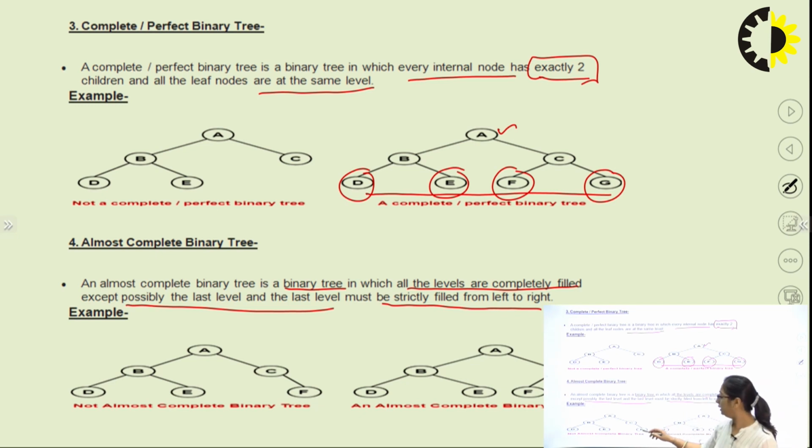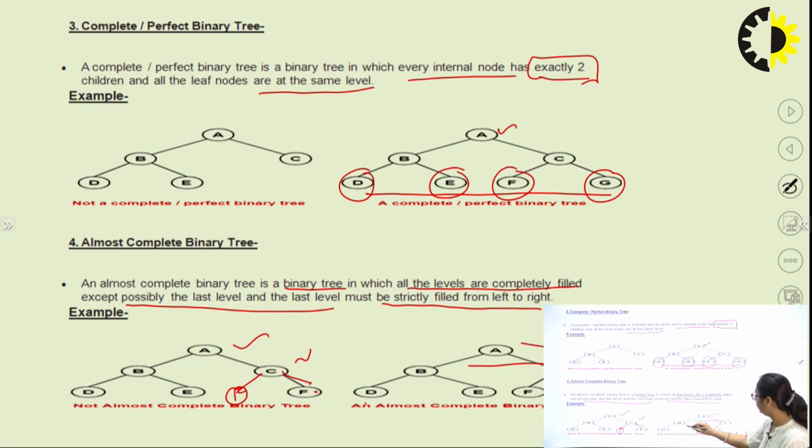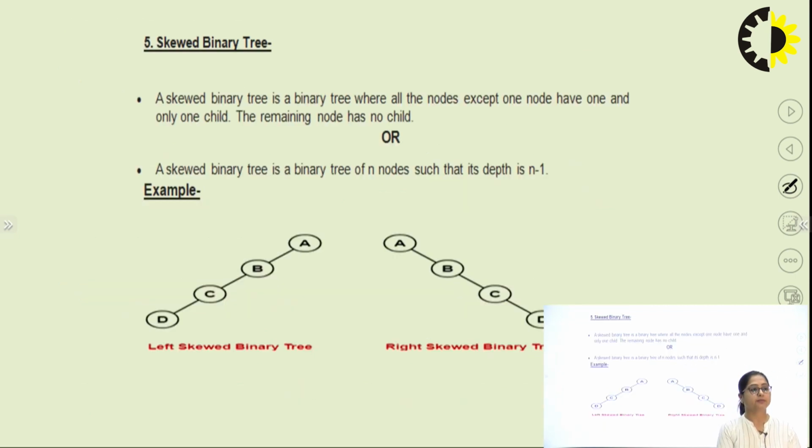Here you can see the filling is in the right direction. The first level is complete, the second level complete and then the third level. This F must be here and after that, if any child, it comes here. All levels are completed except the last, and the filling is from left to right. So this is an almost complete binary tree.